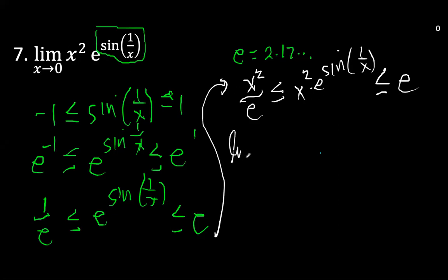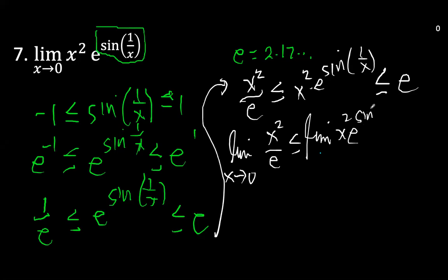So the limit of x squared over e as x approaches 0 is less than or equal to the limit of x squared e raised to sine 1 over x as x approaches 0, less than or equal to the limit of x squared e as x approaches 0.